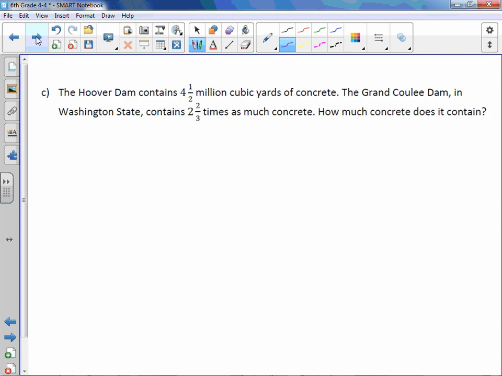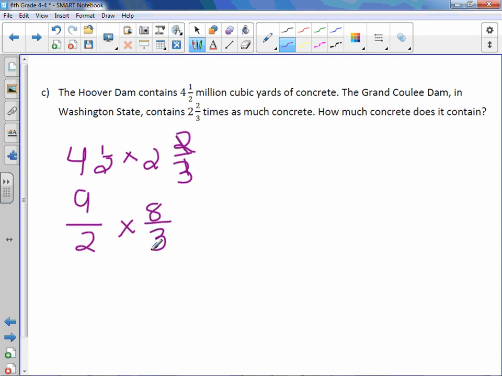The Hoover Dam contains 4.5 million cubic yards of concrete. The Grand Coulee Dam in Washington State contains 2 2/3 times as much concrete. How much concrete does it contain? So we're going to take 4 1/2 times 2 2/3. 4 1/2 is 9 over 2 times 2 2/3 is 8 over 3. 9 times 8 is 72. 2 times 3 is 6.